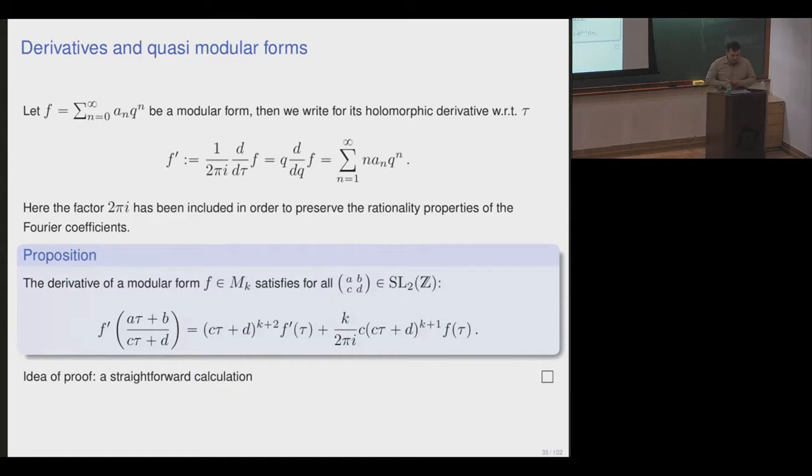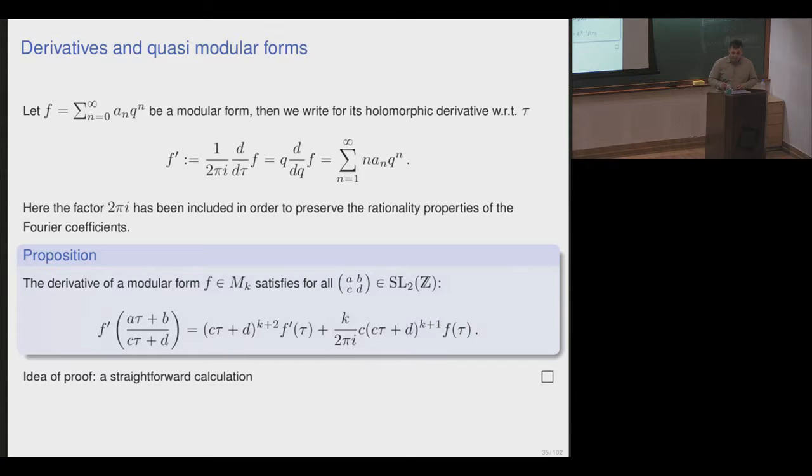There was also a subject I wanted to cover last time as a kind of supplementary stuff. If you have a modular form, then you could ask for its derivatives. It turns out that the derivative of a modular form is not a modular form anymore, because it has a more complicated functional equation.